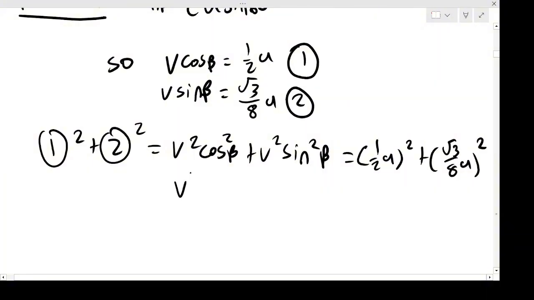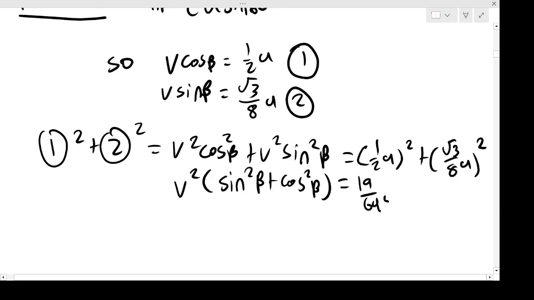Well, firstly, I can factor out a v squared quite nicely. And so then if I simplify the right side, so if I collect the u's, I'm going to get a quarter u squared, add, hang on, I get 19 over 64 u squared.